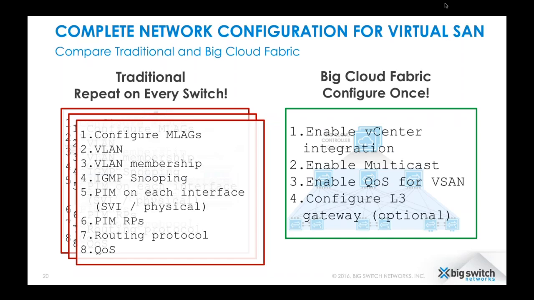And then if you need routing between these two networks, then you might configure layer 3. Configuring layer 3 is easy. It's really a couple of clicks or a couple of commands on the CLI. And the reason is that we have a distributed gateway, so you don't have to configure it multiple times on different switches. As I said, we configure it once on the controller, and the gateway is provisioned across the leaf layer.